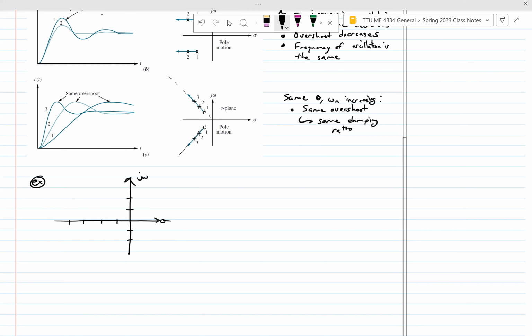And our poles are going to be located at, this is 2, and 4 here. The one pole is here, one pole is here. We can, of course, draw out a little angle here. All right, so we have this system.